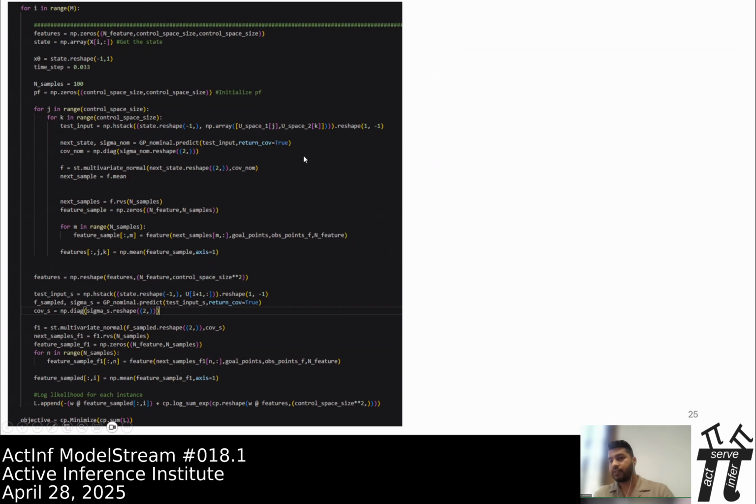So you can see here at the end there are two terms. The first is the affine term in the W, which takes the feature sample that depends only on the input given from the agent, while the log sum exponential depends on the feature computation for all the possible inputs.